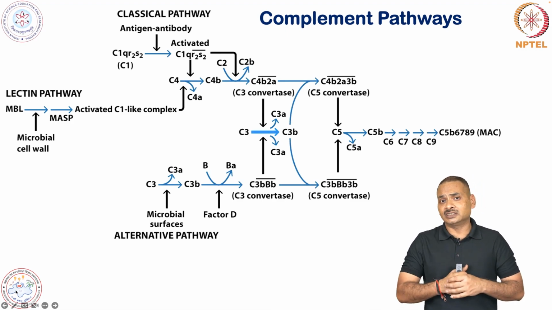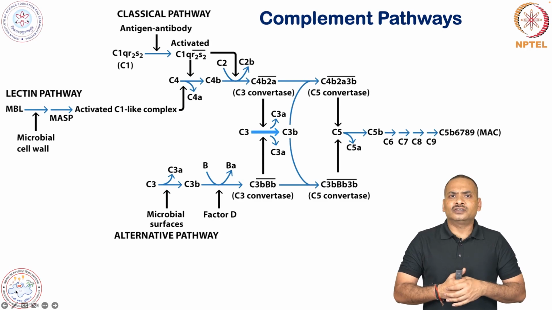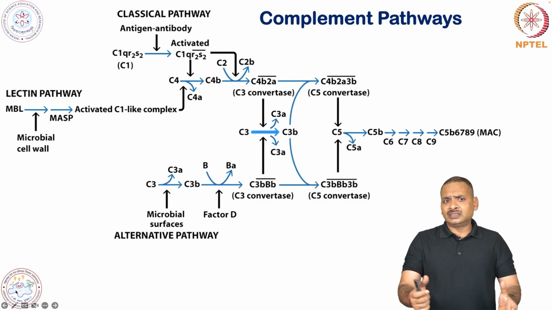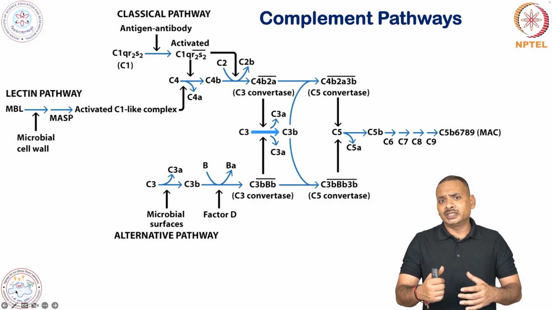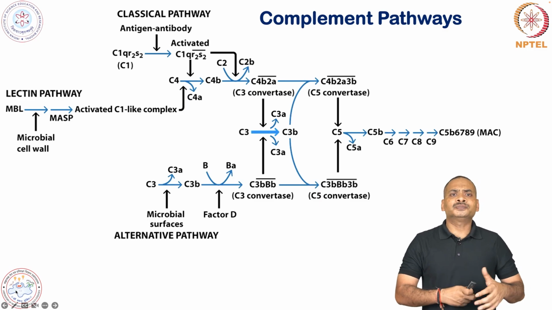As you can see in this slide, there is a bar. Both the classical and lectin pathways generate this kind of C3 convertase. I will discuss all these pathways in more detail when I take up each individual pathway. So with this I am stopping here, and in the next session we will discuss the particular pathways. Thank you.